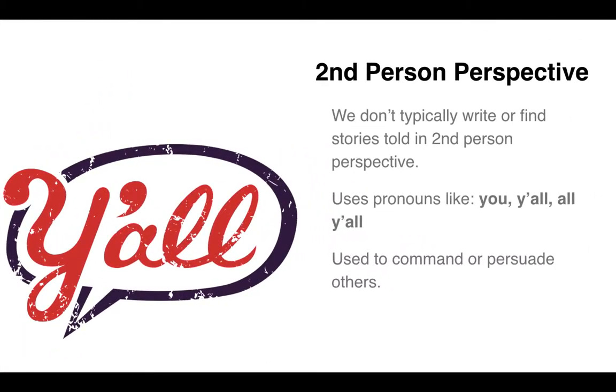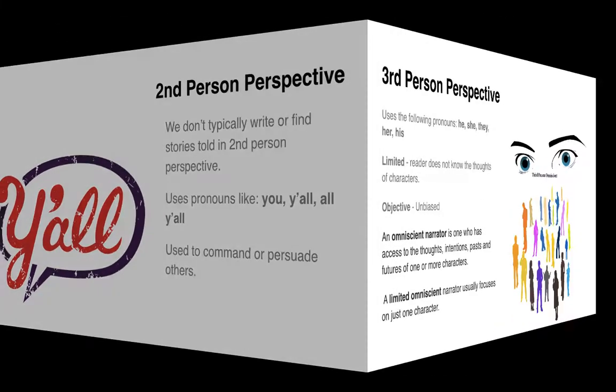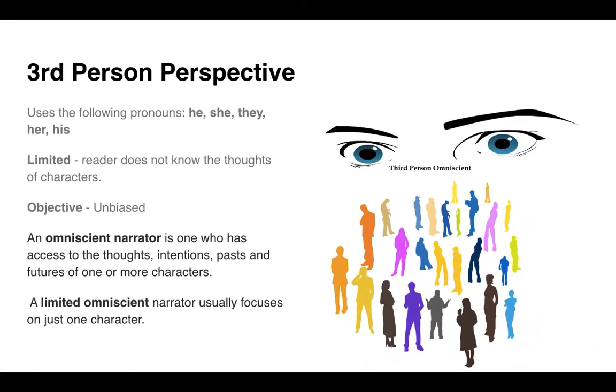Second person perspective, we don't typically see stories told from the second person perspective. It's usually used to make commands or persuade others, so we'll skip over that one for today. Third person perspective is greatly used in storytelling, using the pronouns he, she, they, her, or his.